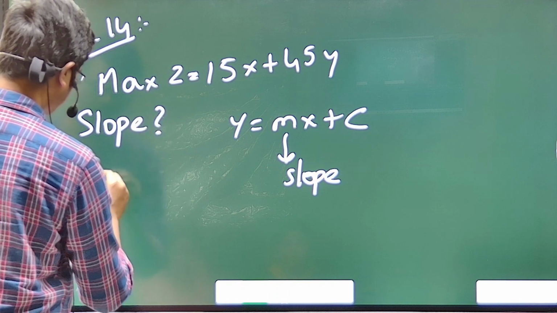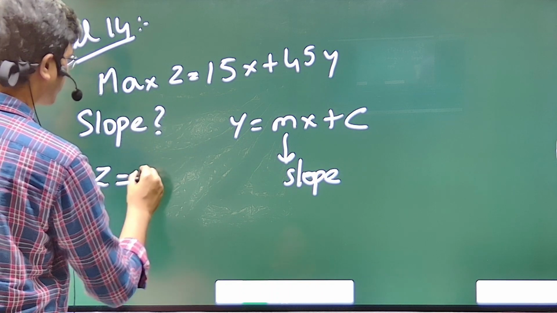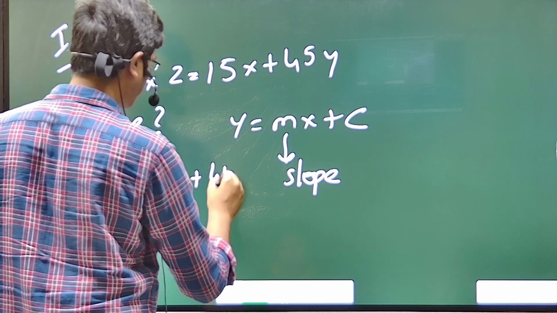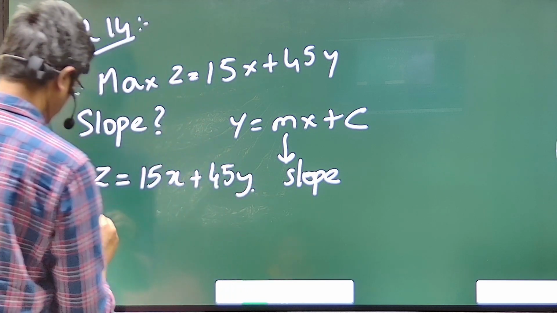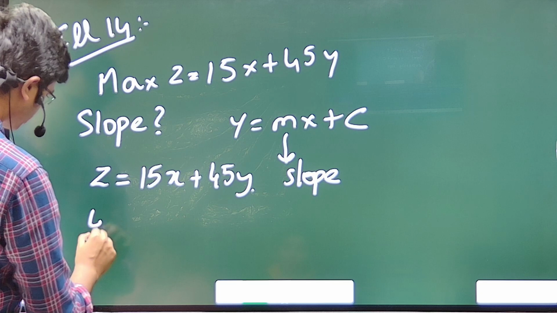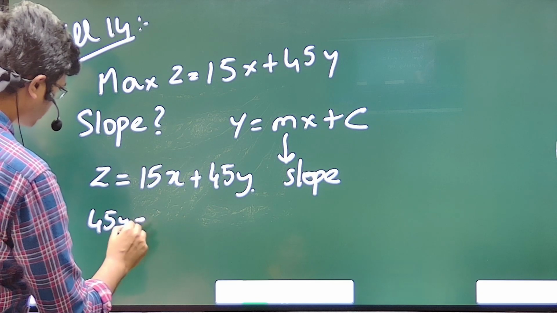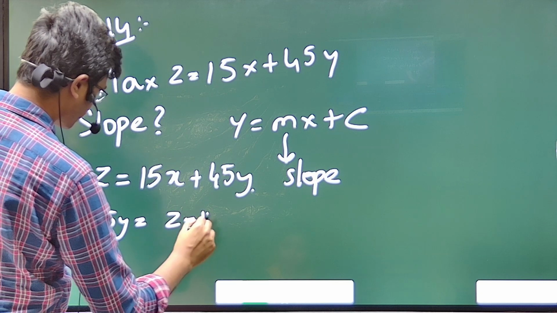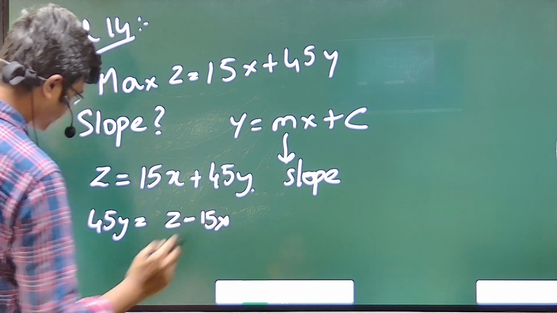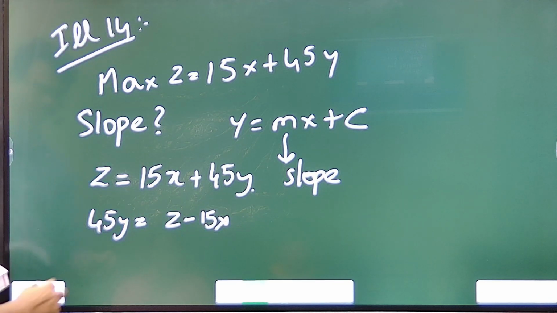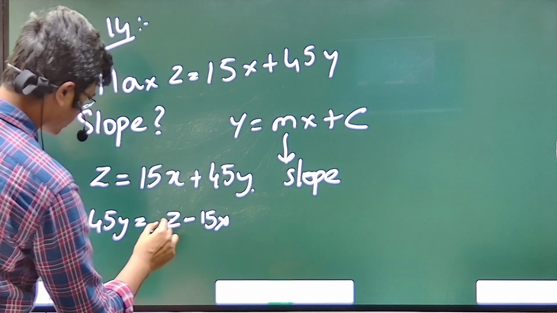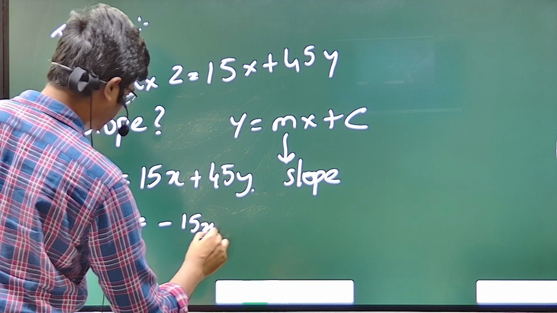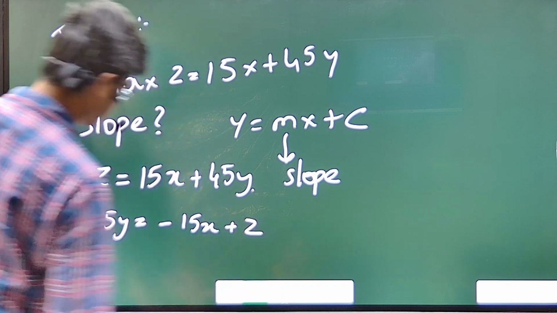He has given z equal to 15x plus 45y. So you can just take this to the other side: 45y is equal to z minus 15x. Instead of saying this, you can say minus 15x plus z. It's the same thing.